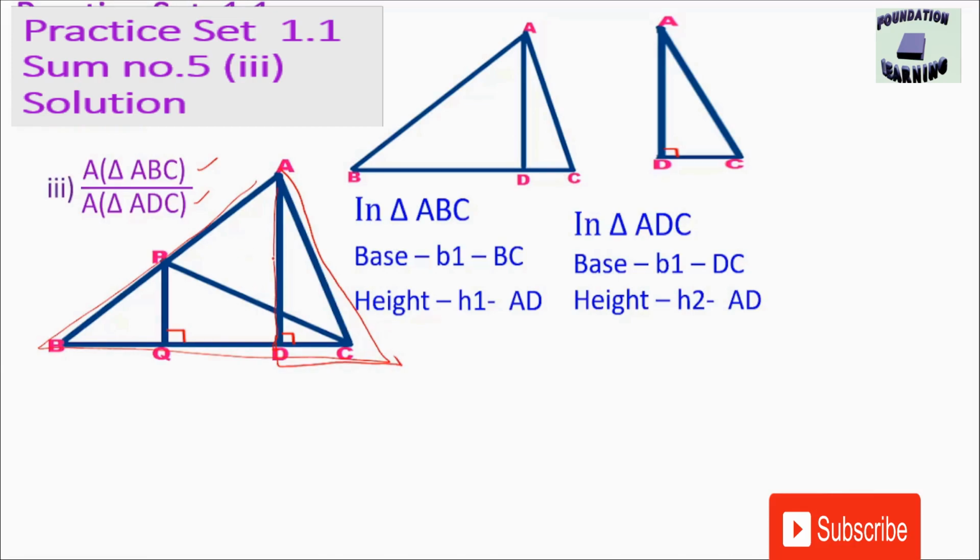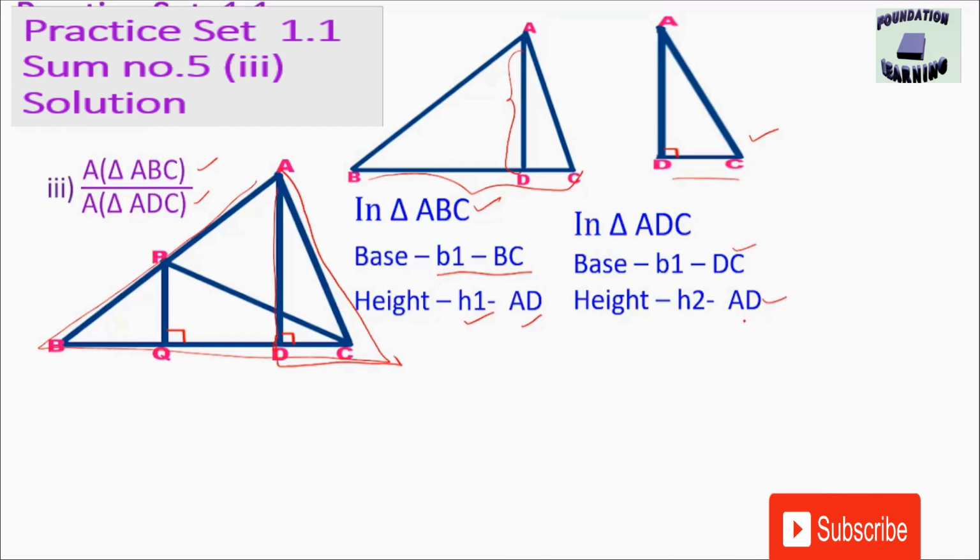Common will be height. Let's take the triangles separately. Here you have ABC. Base is BC. Height is AD. And in the second triangle ADC, base is DC and height is AD.